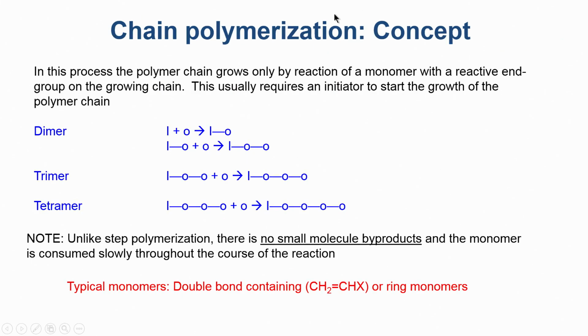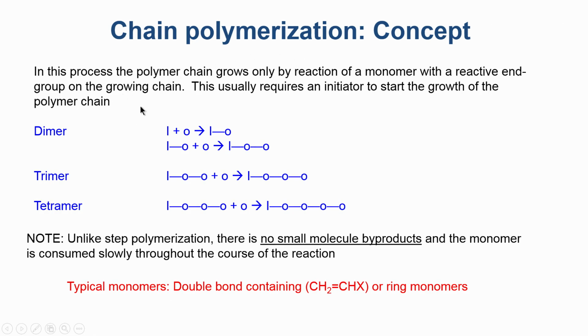So, let's talk about chain polymerization now. In this, the polymer chain grows by reaction of a monomer with a reactive end group. So, there is some order to it rather than being random as was the case in step polymerization, and I will explain how this order works.